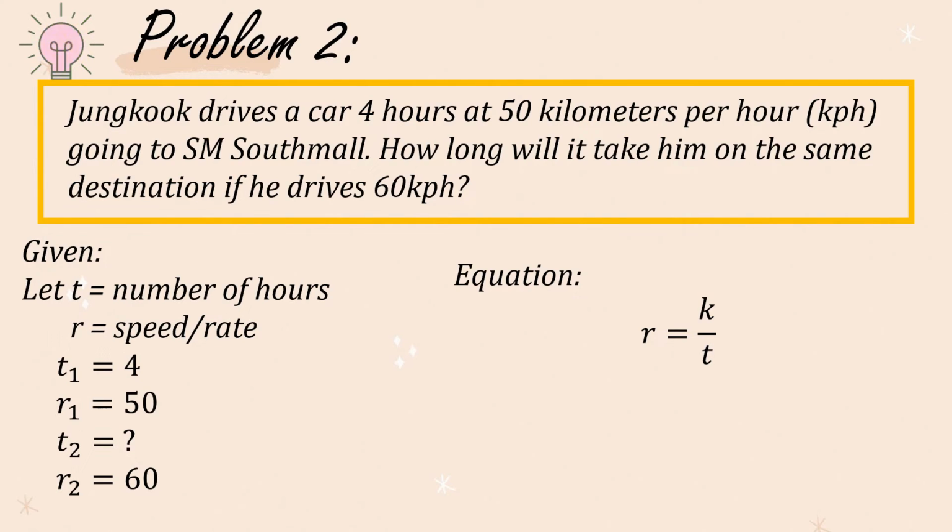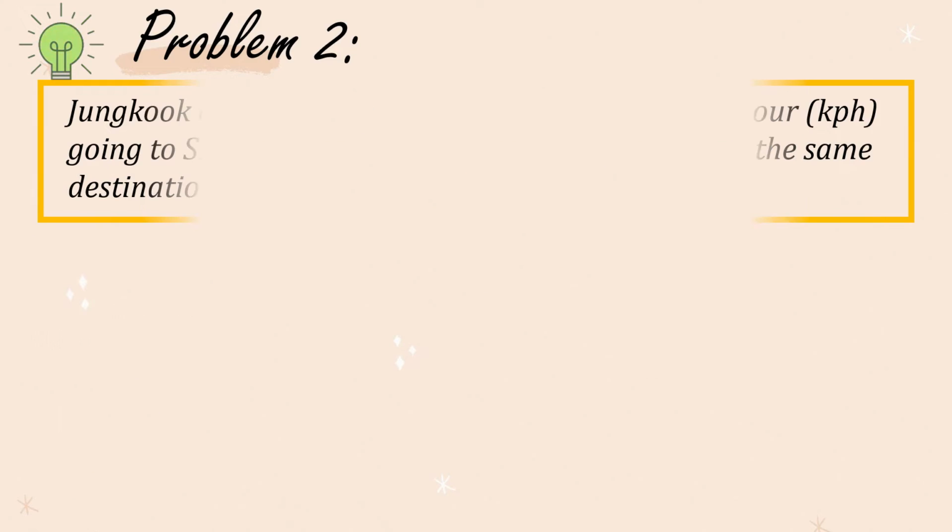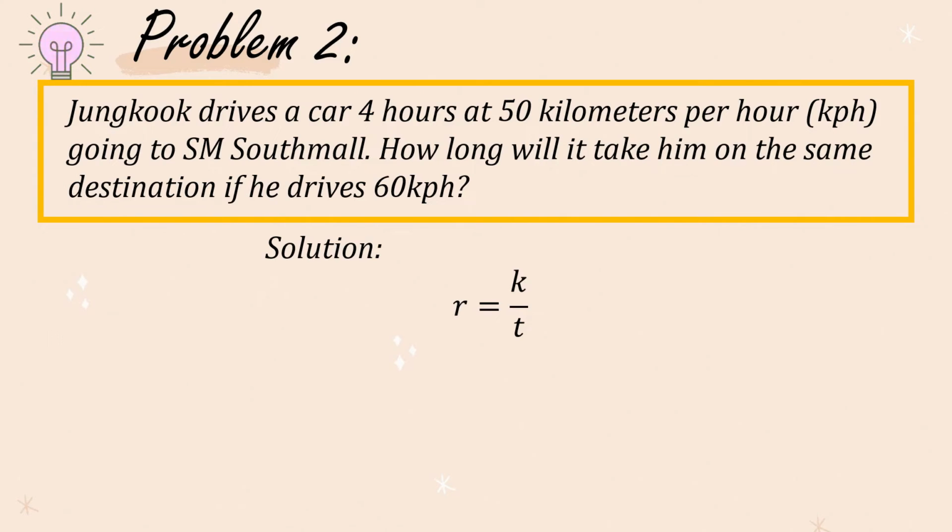So, let us now use our equation in solving for the constant. To find the constant, we are going to use the equation R equals K over T and the first pair of values, which is R sub 1 and T sub 1. R will be 50 and T will be 4. So, ang gagawin na natin dito is, we have to eliminate 4. Ma'am, paano natin gagawin yon?